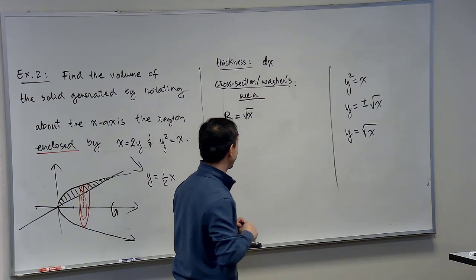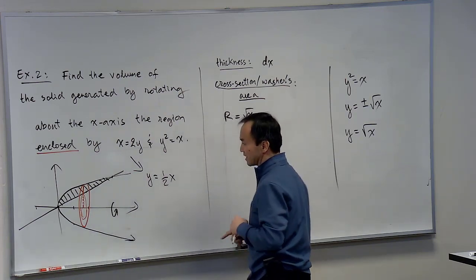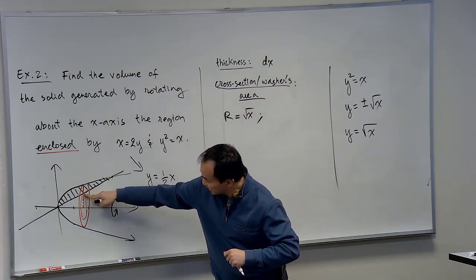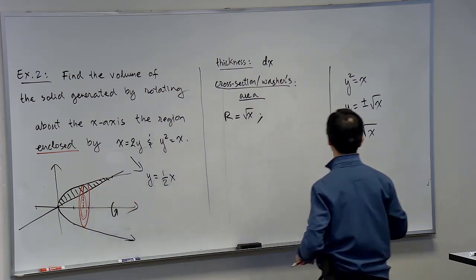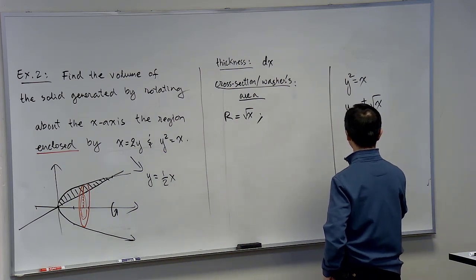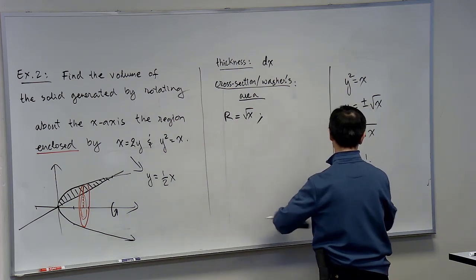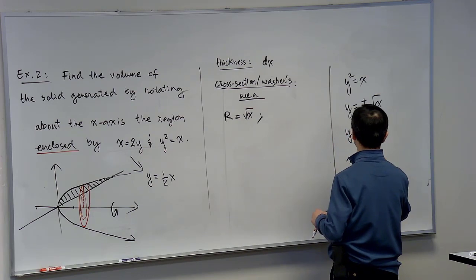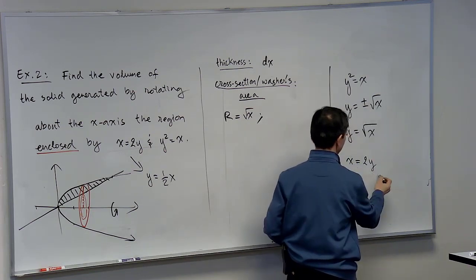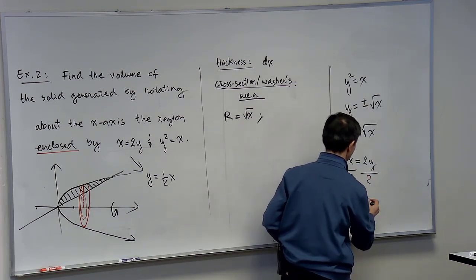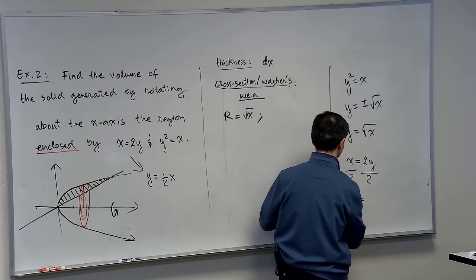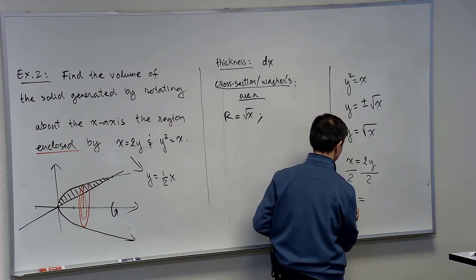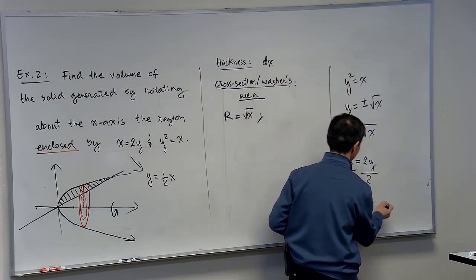And the smaller radius, the shorter radius, is from the rotation center out to wherever it hits that line. You guys with me on that still? So again, x equals 2y. That was given in the equation. We want to solve for y, so I'm dividing both sides by 2. That gives me 1/2 x equals y.